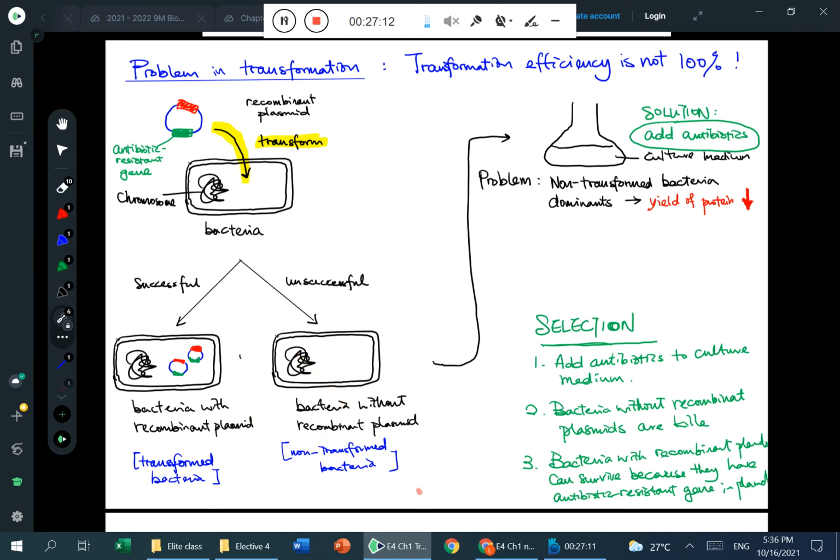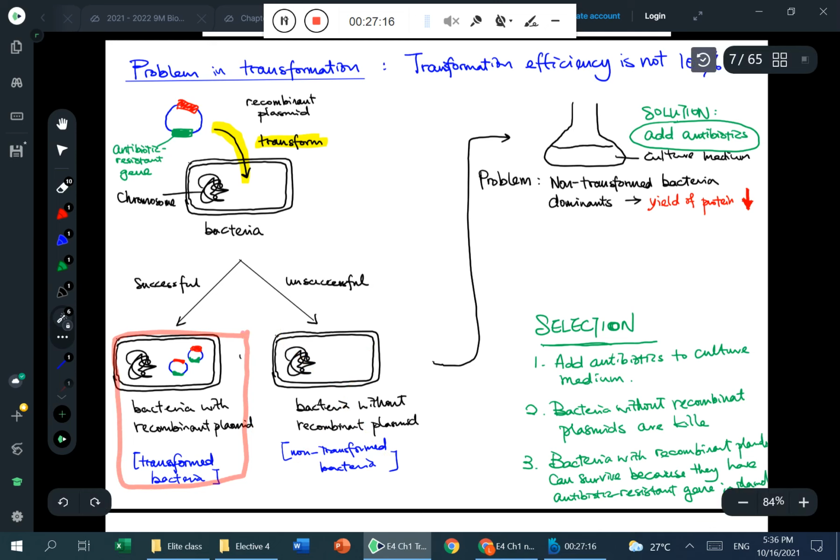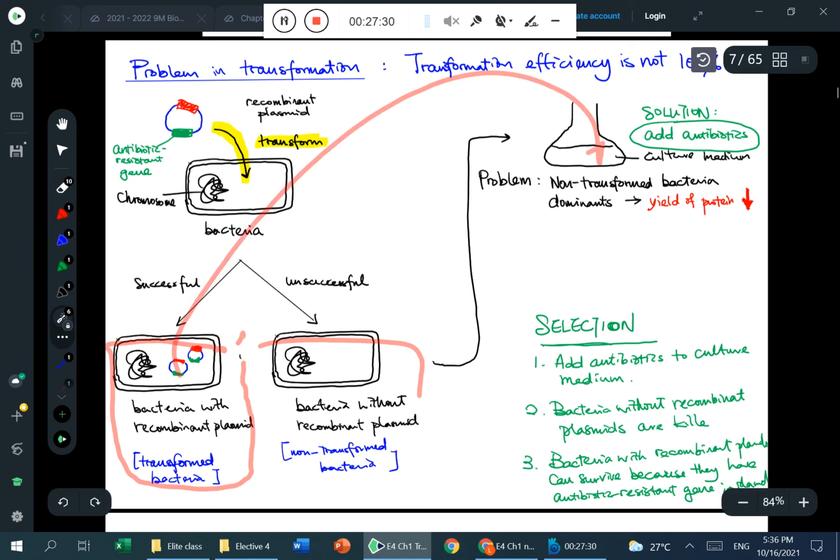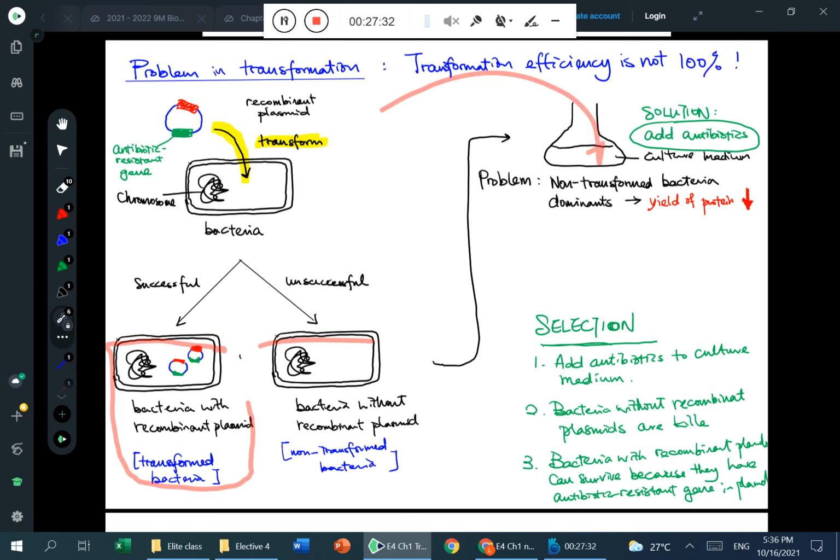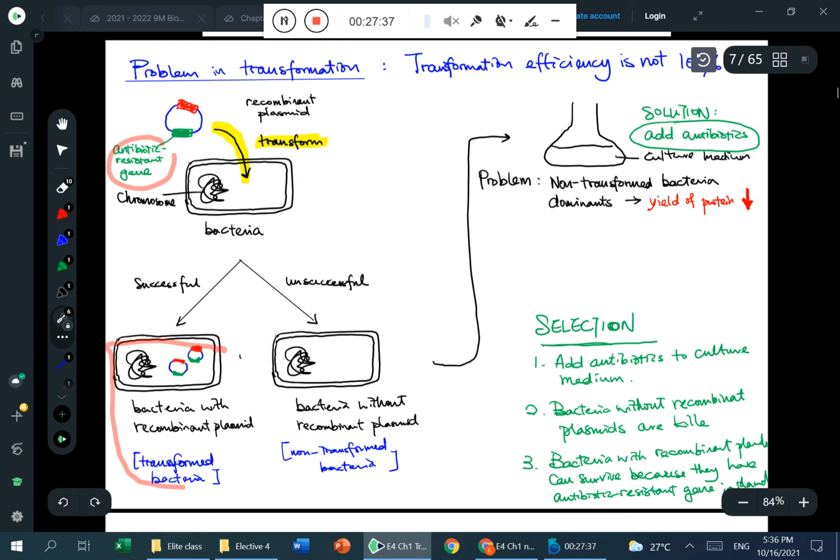Say, for example, if I can make this one have color, let me go crazy, and this one is not, then maybe I can visually take this bacteria out and put it in so that there is no problem. So in this case, there needs to be another selection marker, not antibiotic resistant gene, so maybe another gene that can make the bacteria blue, let's say.